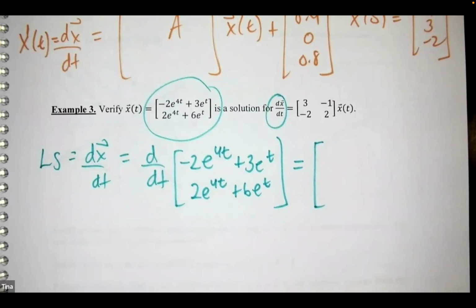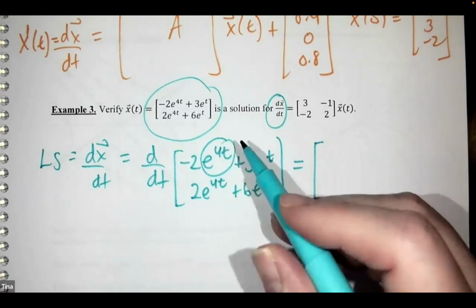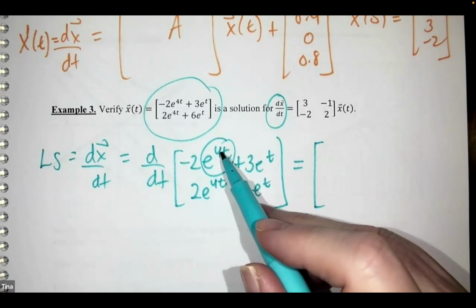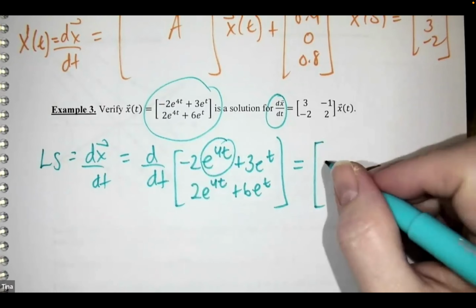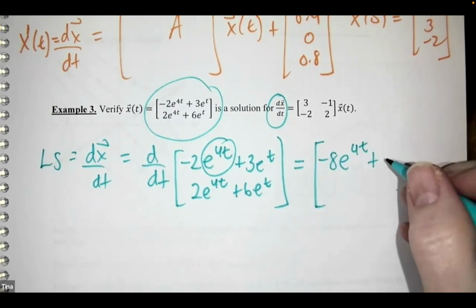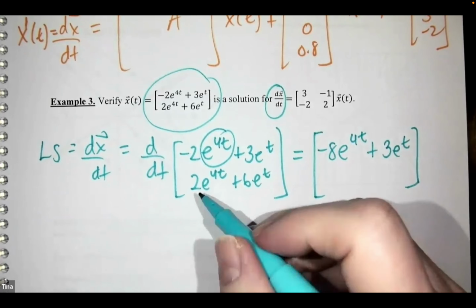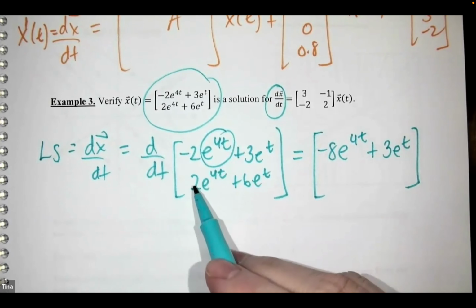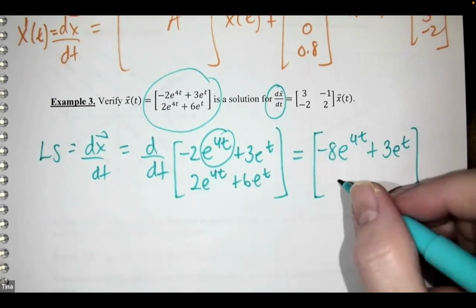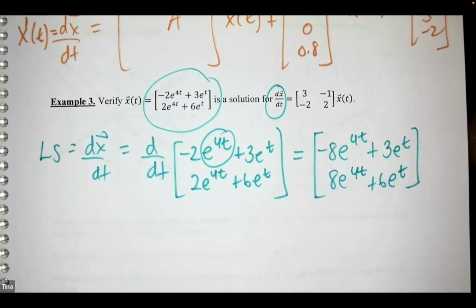So think about your derivatives. The derivative of e to the anything is e to the anything times the derivative of the anything, right? So the derivative of e to the 4t would be e to the 4t times 4. So 4 times negative 2 is negative 8. And then the derivative of e to the t would just be e to the t. So that one would be okay. And then down here, e to the 4t times 4 times 2, so that'd be 8 e to the 4t plus 6 e to the t.